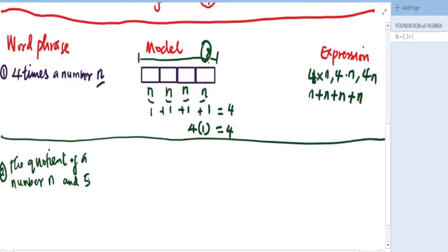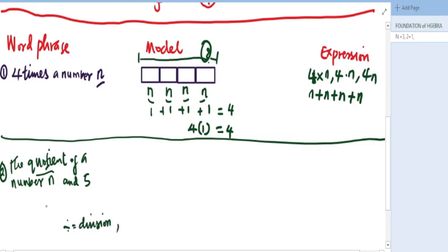The quotient of a number n and 5. So when we say quotient, it's part of our mathematical vocabulary that we must update ourselves with. We need to know what quotient is about. We talk about sum, difference, less than, greater than. We should understand all of this. Quotient is another word for division. Quotient is what? Division.